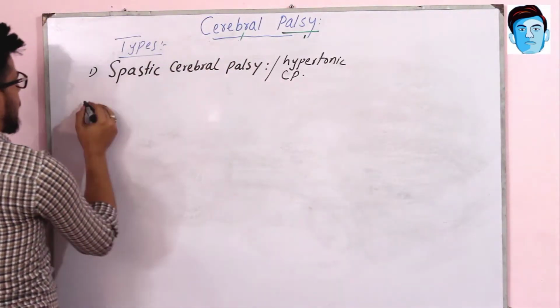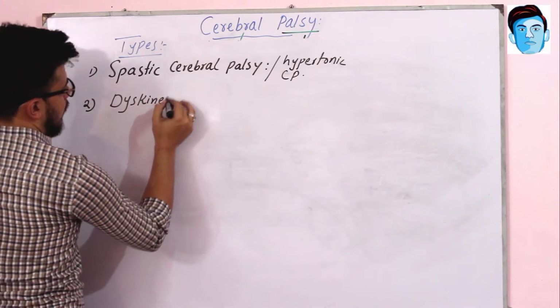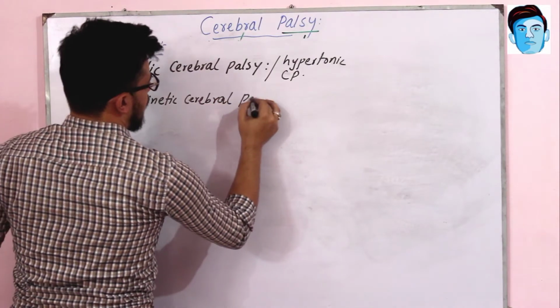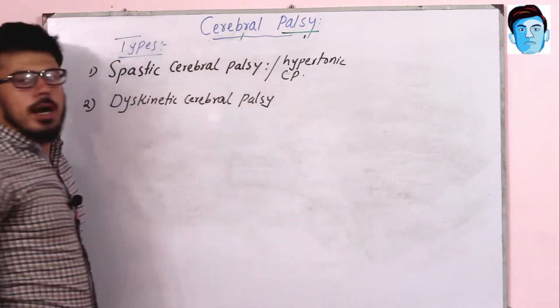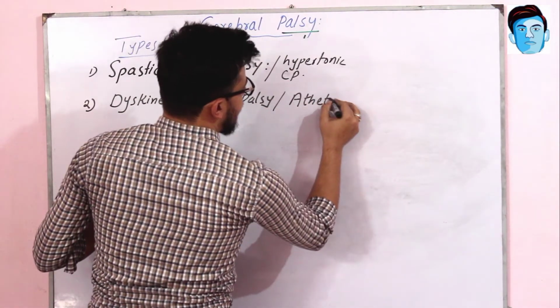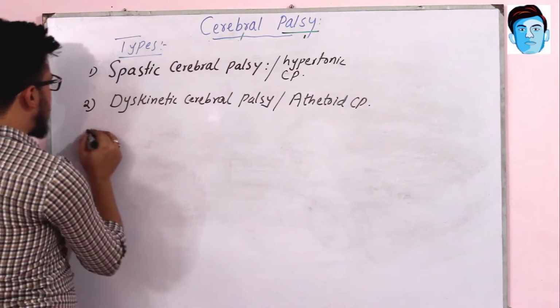Second, there is dyskinetic cerebral palsy, which is also called athetoid cerebral palsy. Third, there is ataxic cerebral palsy.